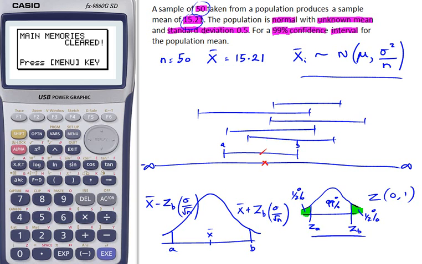Well, it's in this one, it's in this one, it's in this one, it's in this one. It's just missed out on that one and that one. So what I'm predicting, the confidence interval helps us predict, is that if we did 100 of these, we'd expect to find 99 of them. And as you can see, my example would appear to be already slightly out. But that's the prediction.